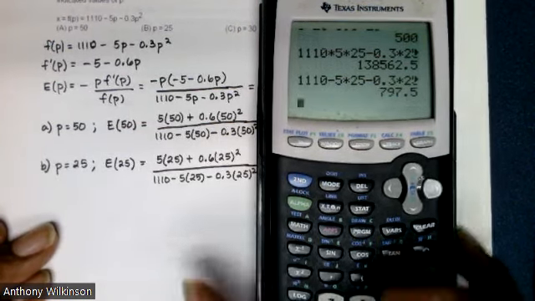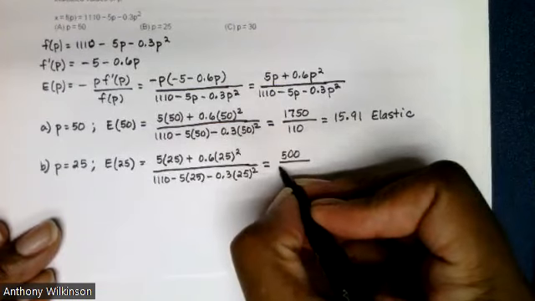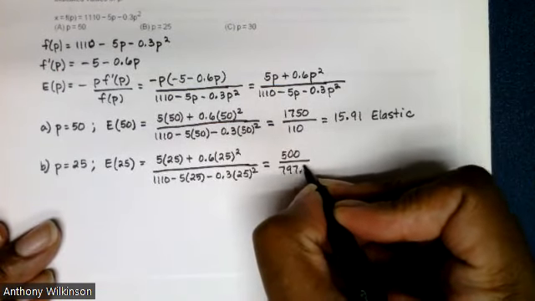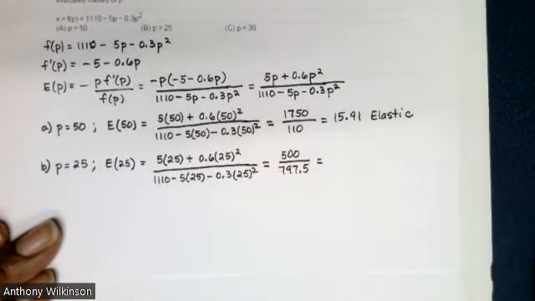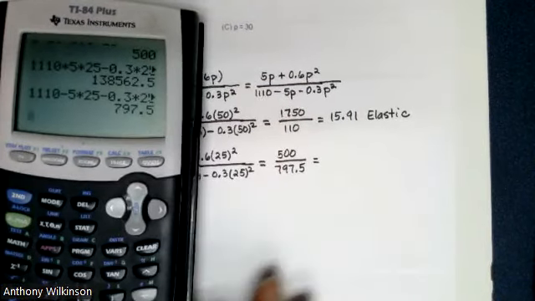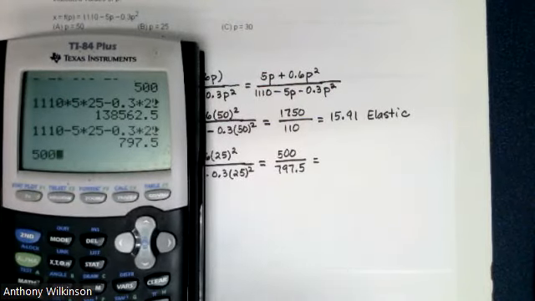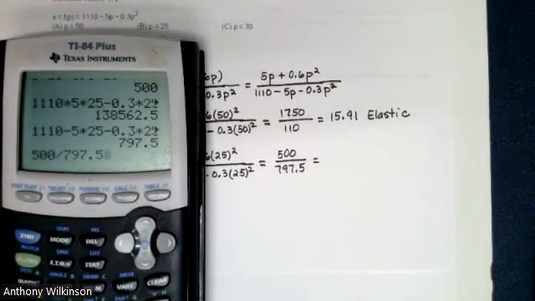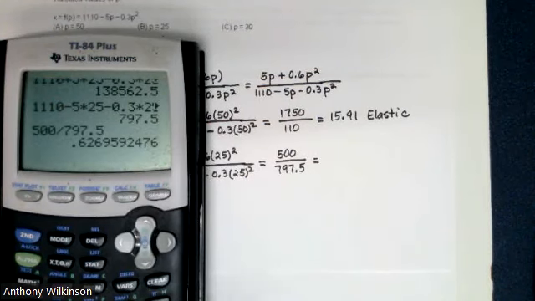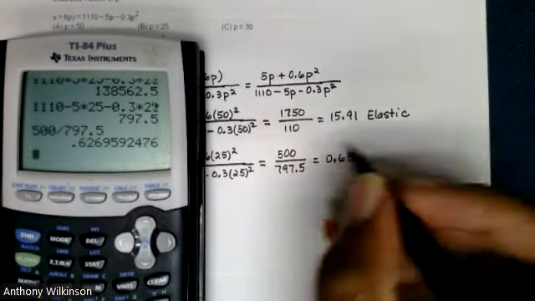That gives me 797.5. So if I was to round to 2 decimal places, I'd take 500 divided by 797.5. So 2 decimal places, that would be approximately 0.63.